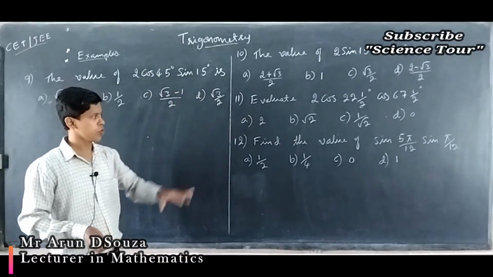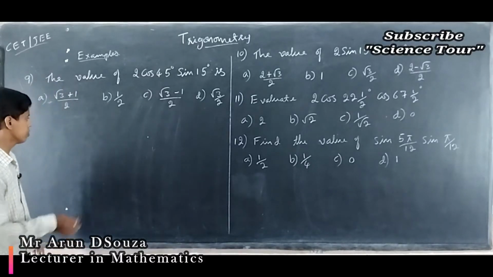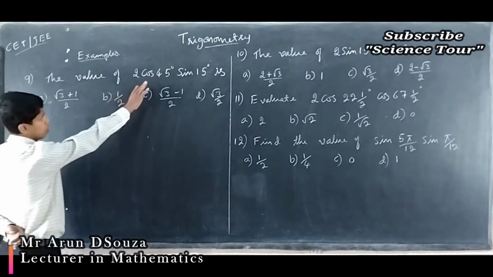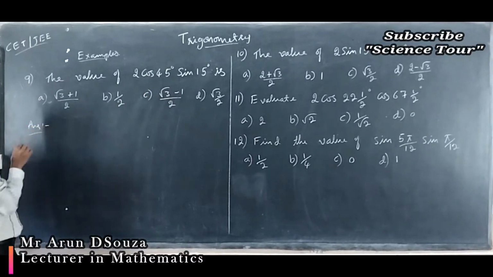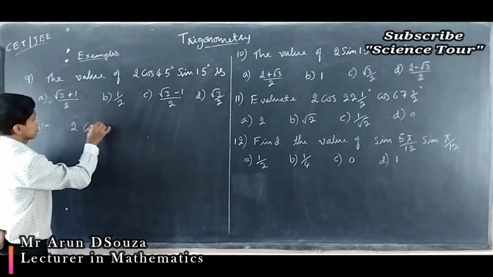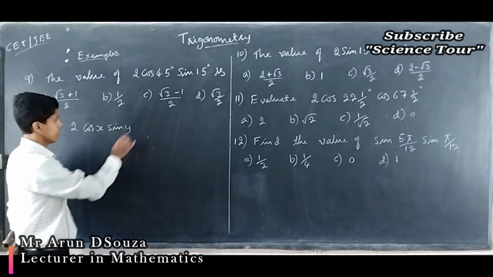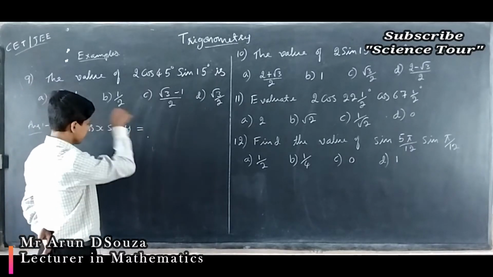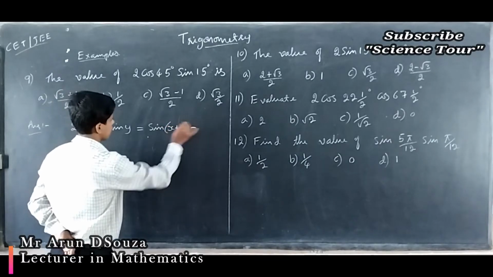All these four problems are from the same set of formulas, and what formula are we going to use here? The formula is 2 cos x sin y equals sin(x plus y) minus sin(x minus y).